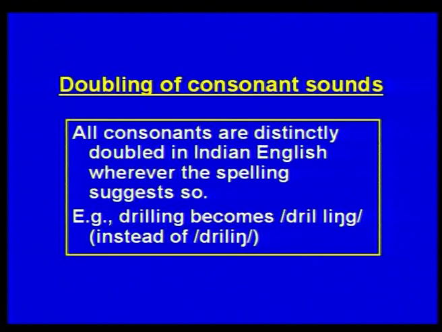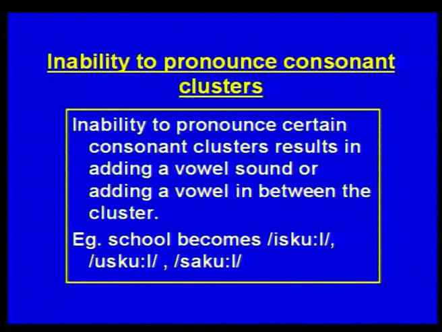Doubling of consonant sounds is another problem we observe. Drilling becomes drilling instead of drilling. Another major problem which is observed across states like Bihar, Orissa, Bengal, and so on is consonant clusters pronunciation.